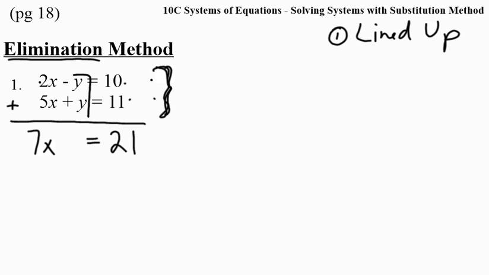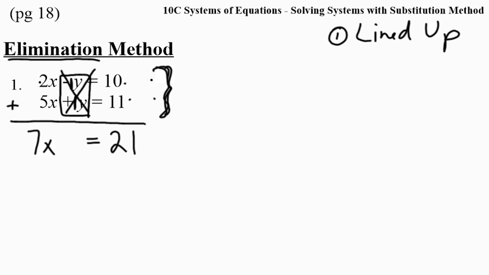But here's where the magic of the elimination method works. When I combine a negative y, or if you prefer a negative 1y, and a positive y, or a positive 1y, they have a value of 0.